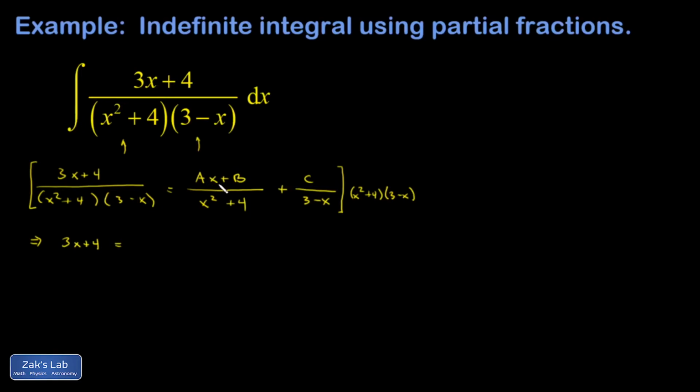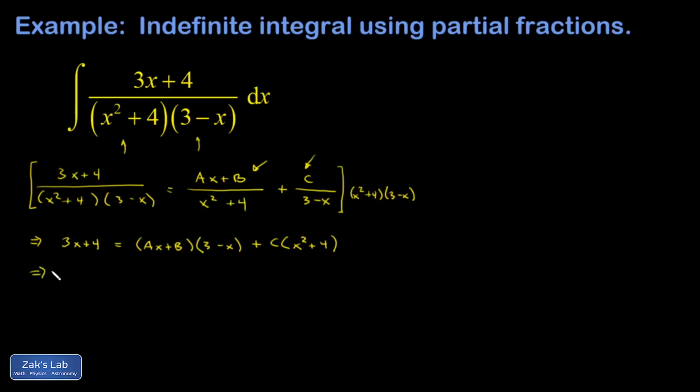When I apply it to this quadratic piece, the x squared plus 4 is going to cancel, and I end up with ax plus b times 3 minus x. And when I apply it to the last term on the right, the 3 minus x is going to cancel, and it leaves me with c times x squared plus 4.